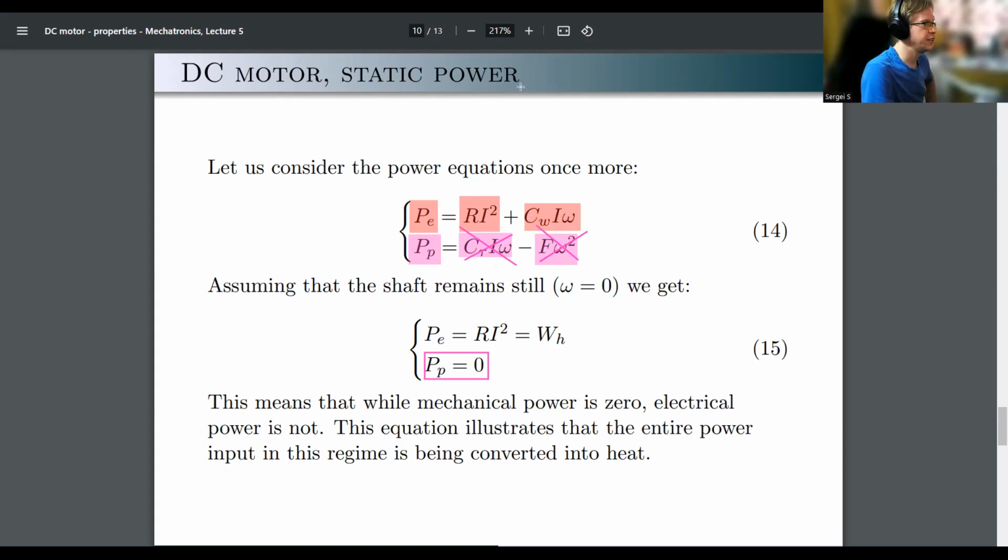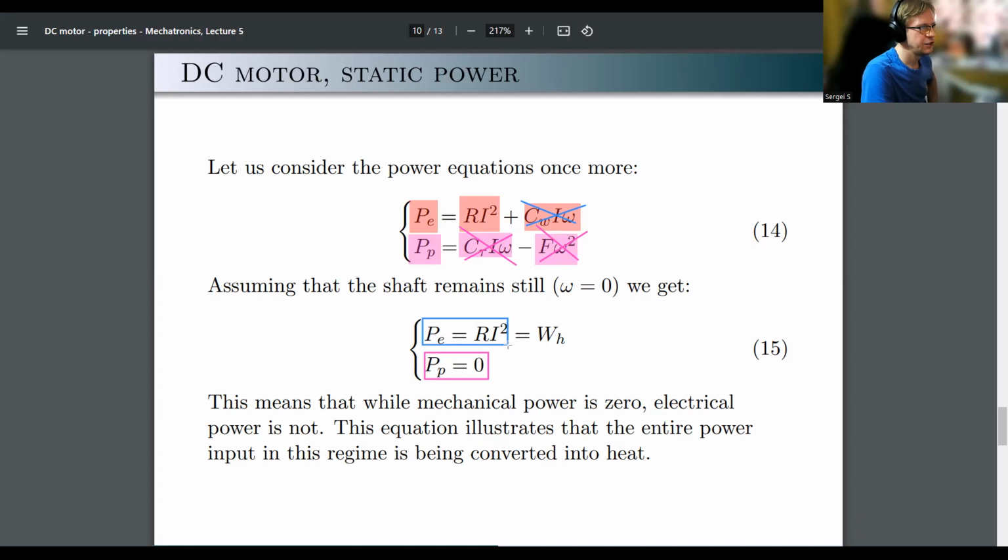The power is the rate at which work is produced, and work is produced by motion. If it is still, then no mechanical work is produced. Now, what about the electrical power? Well, here, the only thing that's going to be cancelled is the power of back EMF. The power of heating will still remain.